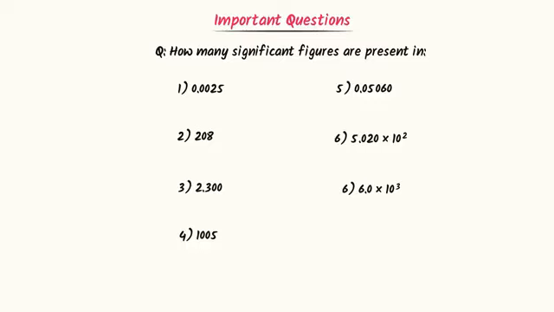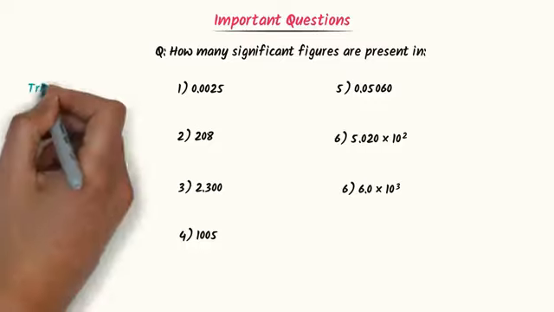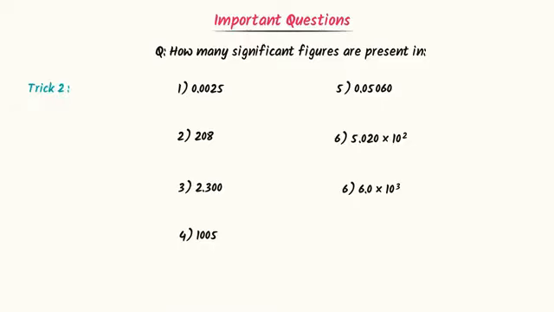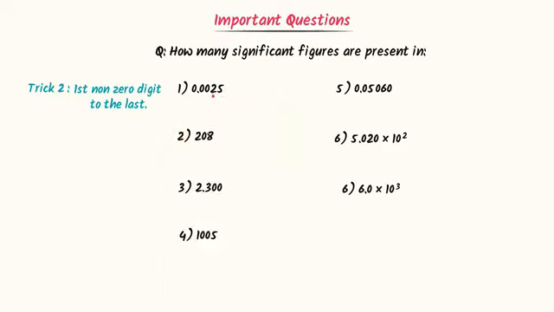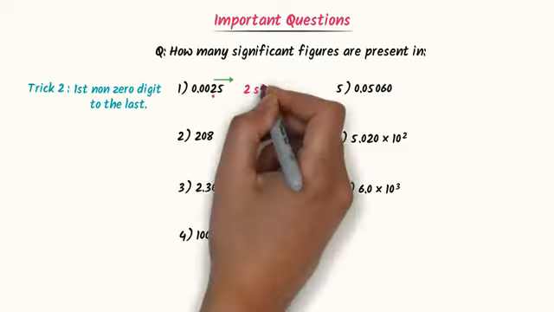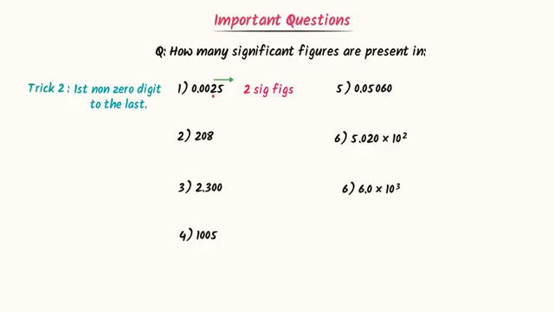It has a decimal point, so we use trick number 2. Trick number 2 says, find the first non-zero digit and count from there till the very last digit. The first non-zero digit is 2. Now count from 2 till the end. We have 2 and 5. That is 2 significant figures. The second number is 208.